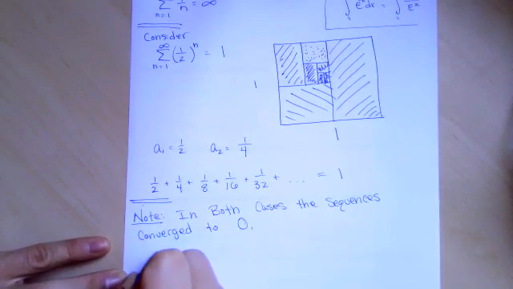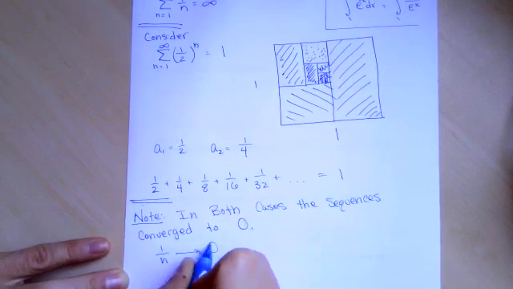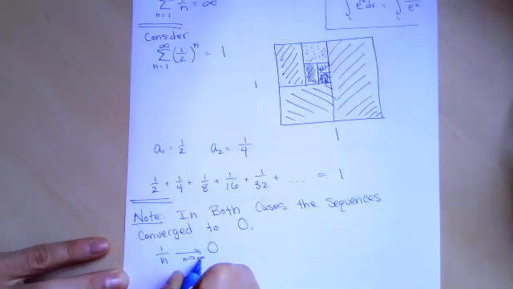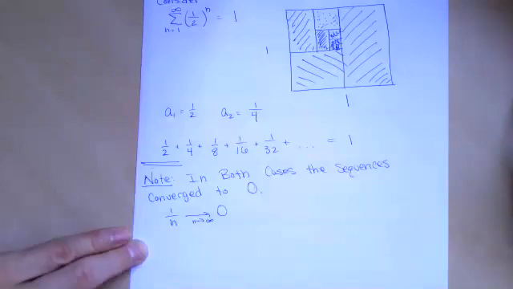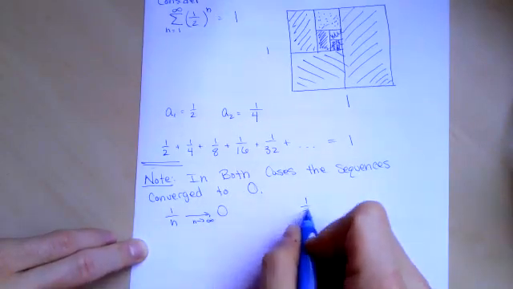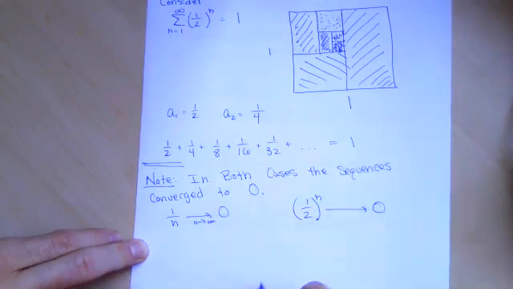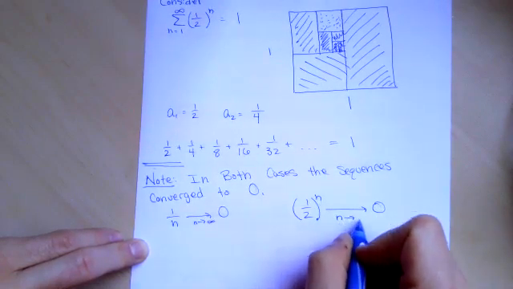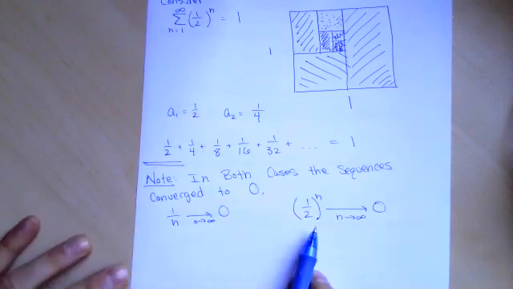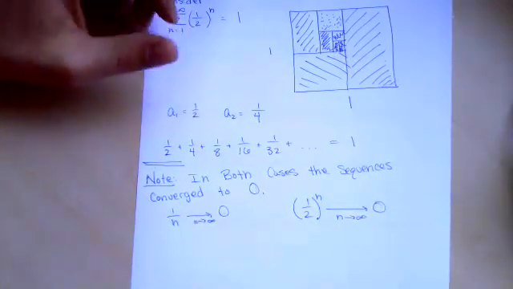So that is our 1 over n, as n goes to infinity, is going to 0. Likewise, our 1/2 to the n also goes to 0, as n goes to infinity. Just the sequences.